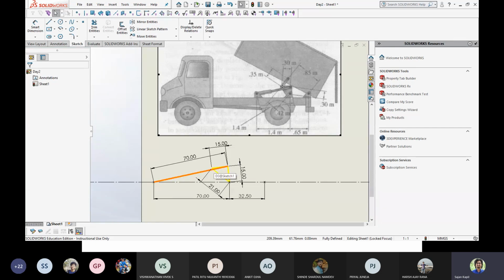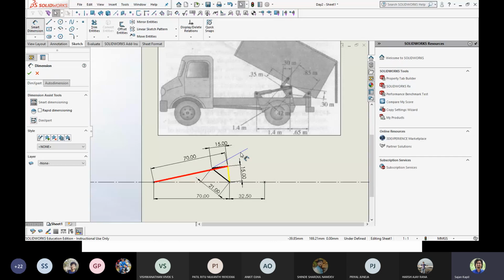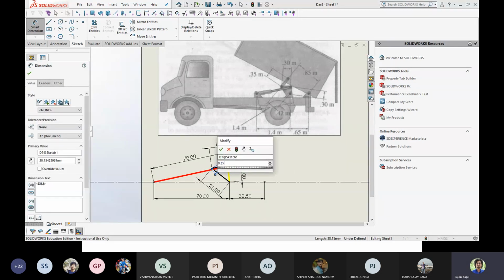Now let us draw another link which is at a distance of 0.35. So let me draw a link from this point onwards, and I also know that its length is 0.35 into 50.